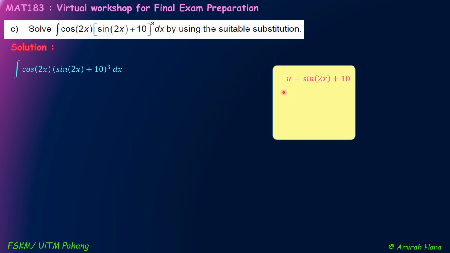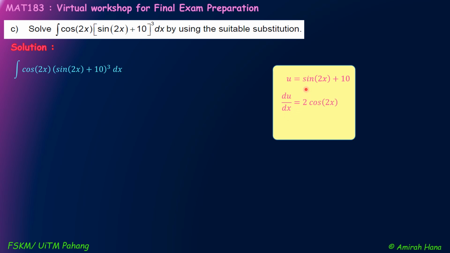Every time when we integrate using u substitution, we will have a derivative part and an integration part. Under the derivative part, we need to differentiate, and under the integration part, we need to integrate. When we have u in terms of variable x, after we differentiate, we get du over dx.